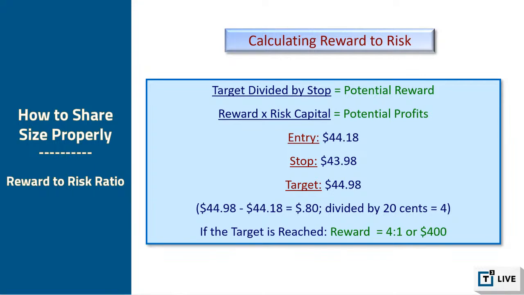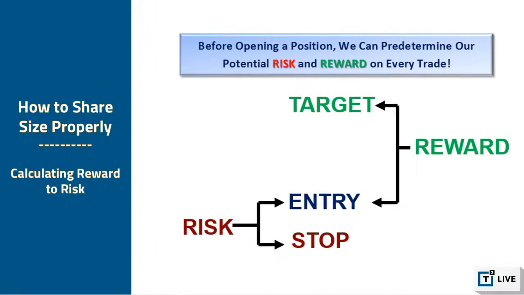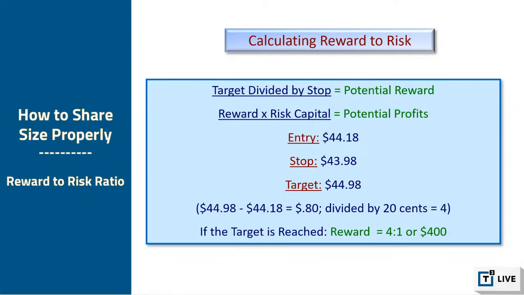But what about the reward to risk? Can we calculate it? Yes. The reward is the difference between the target price minus the entry price. The risk, or the stop, is the entry minus the stop price. So that's the reward zone, and that's the risk zone. So the reward would be the target, 44.98.